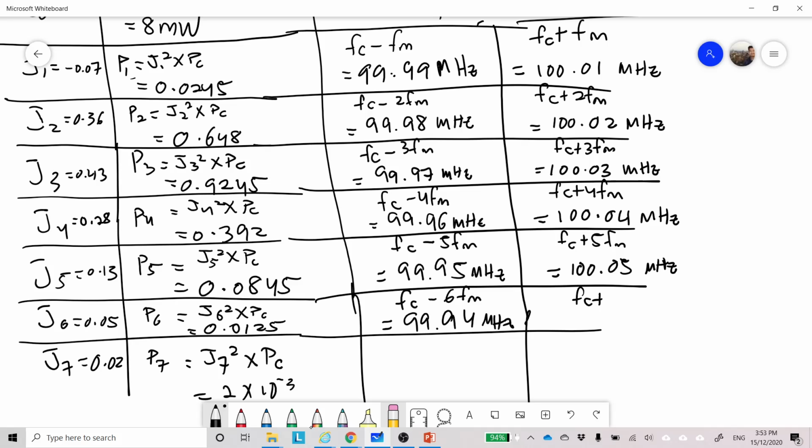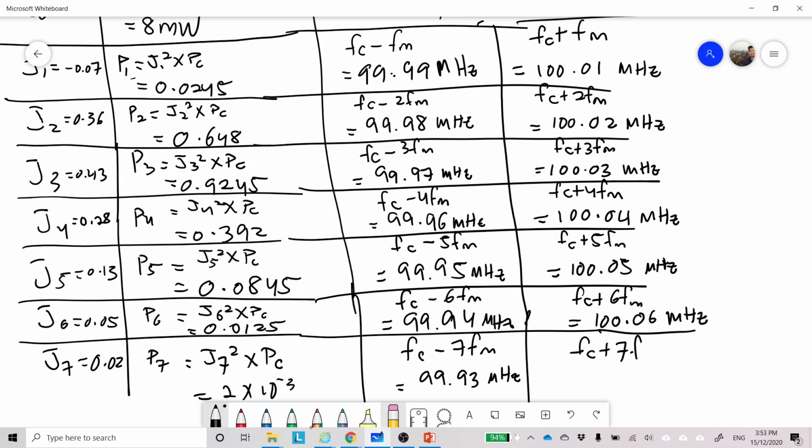Here is FC plus 6 FM, which is equal to 100.06 megahertz. Last kali FC tolak 7 FM, which is equal to 99.93 megahertz. Here is FC plus 7 FM, equal to 100.07 megahertz. Banyak.